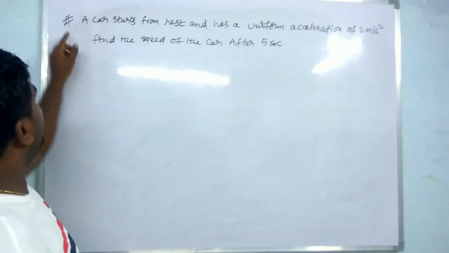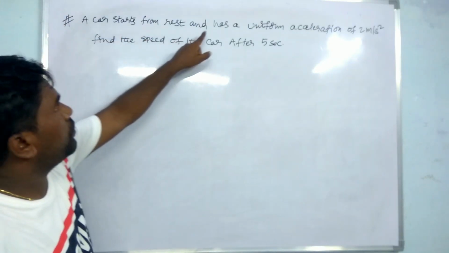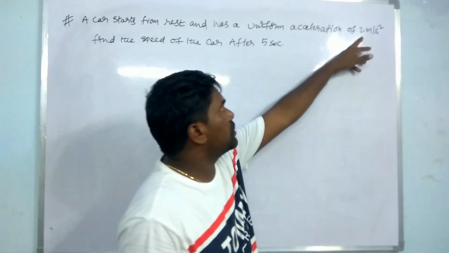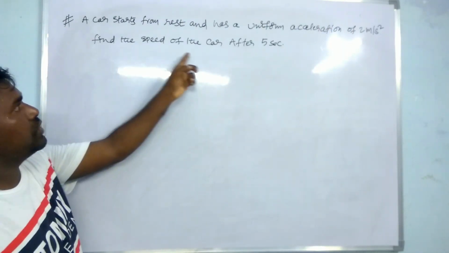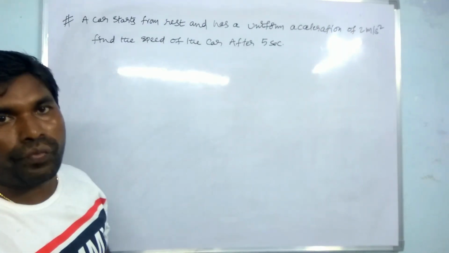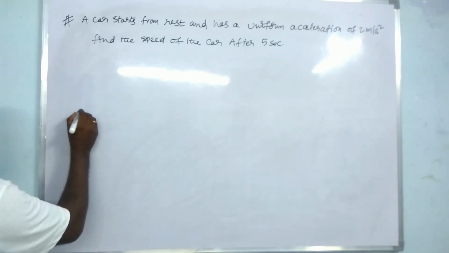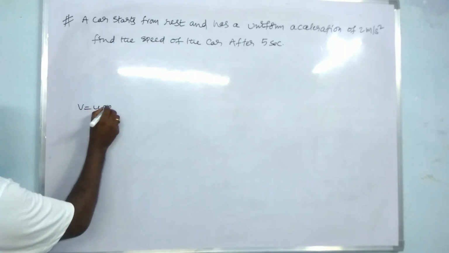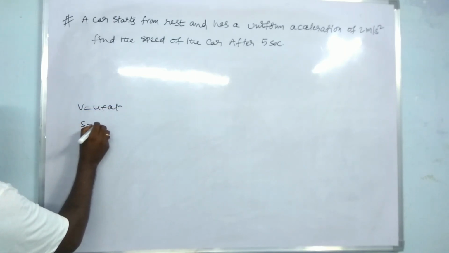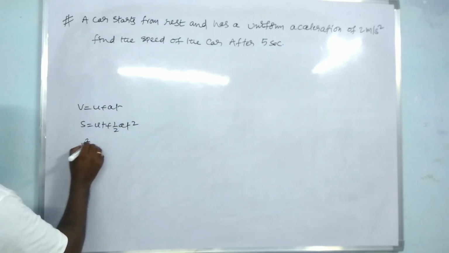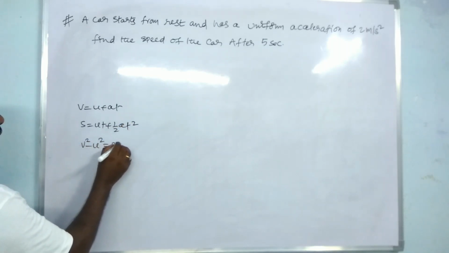See a question. A car starts from rest and has a uniform acceleration of 2 meter per second square. Find the speed of the car after 5 seconds. Here we have v is equal to u plus at, s is equal to ut plus half at square, and v square minus u square is equal to 2as.